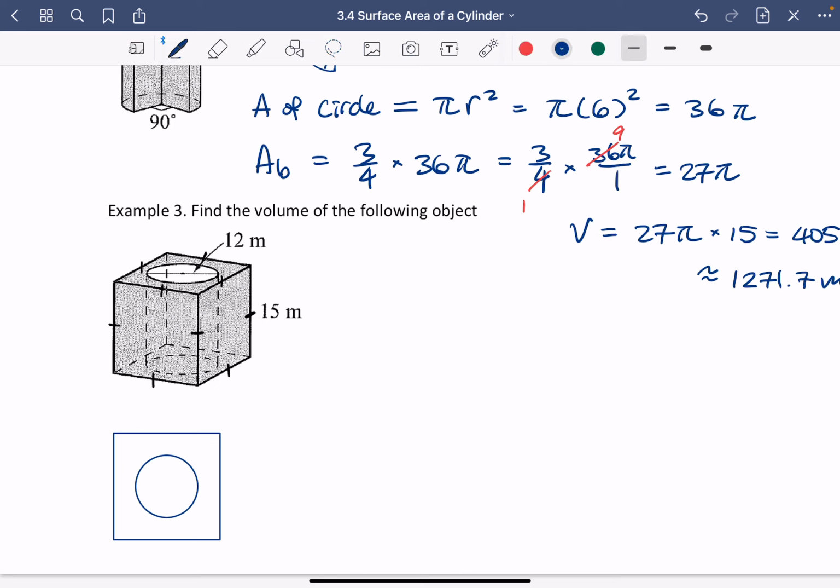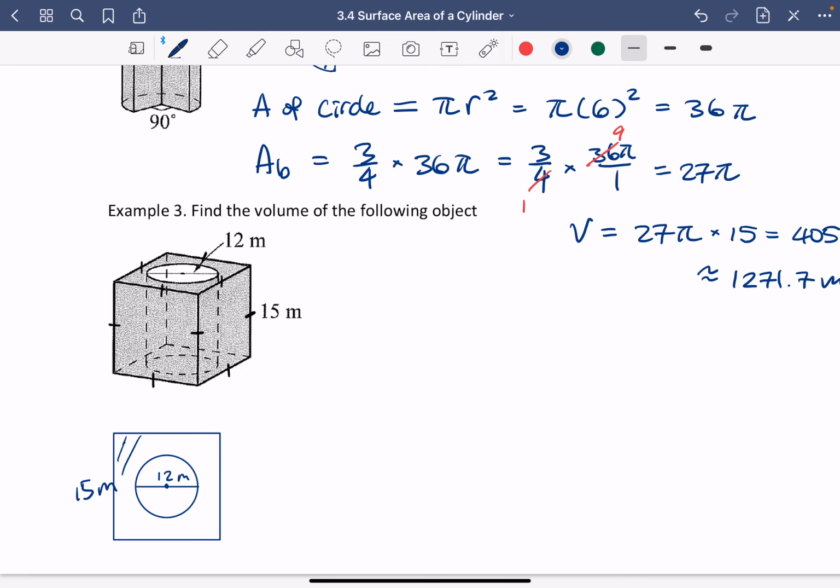Something like that. And the square has side length 15. That's from the question. And the circle has a diameter of 12 meters.